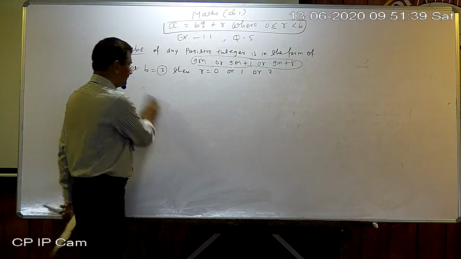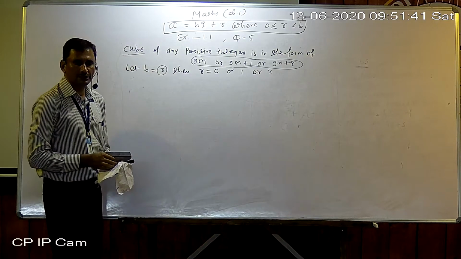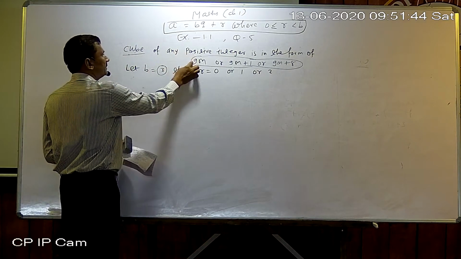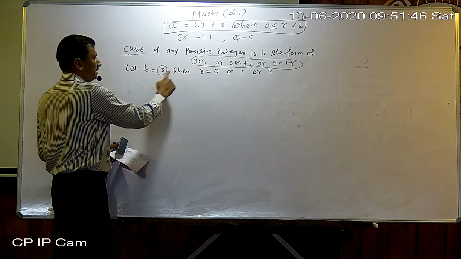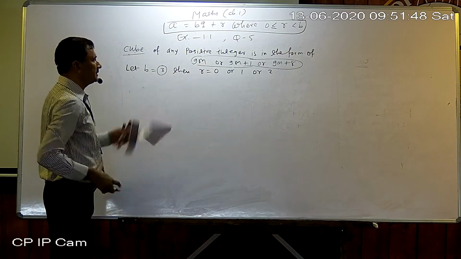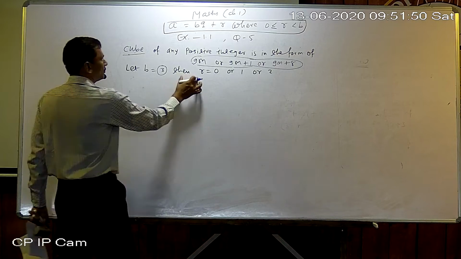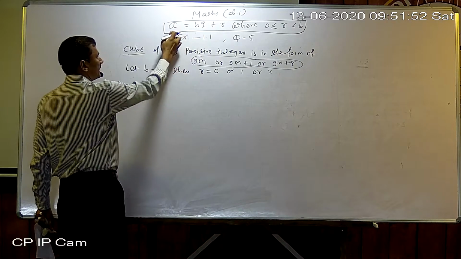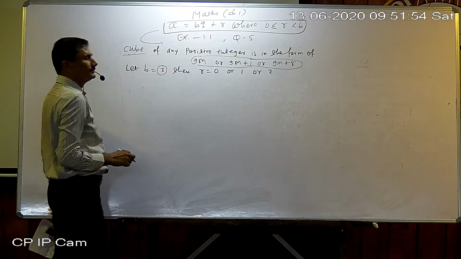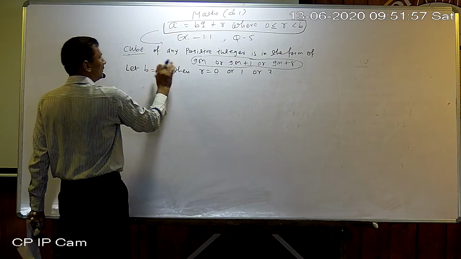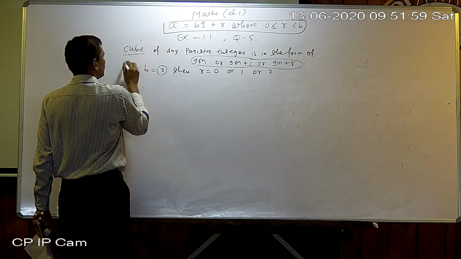You can look here that the writing is the same, only the question is different. b is 3, so r can be either 0 or 1 or 2. You can write it again as a part of the solution here.